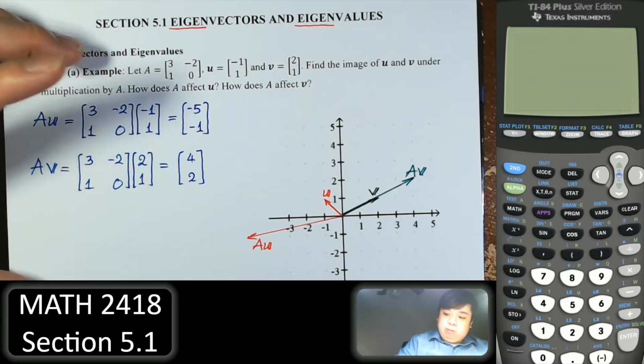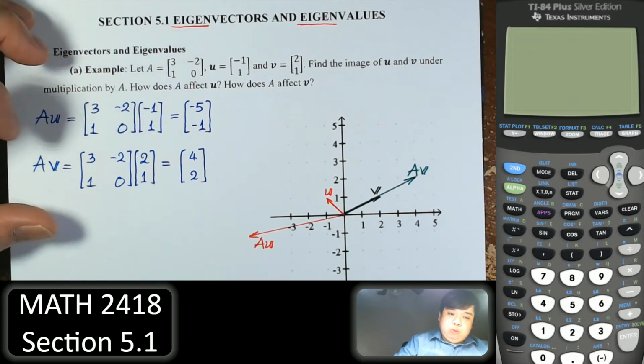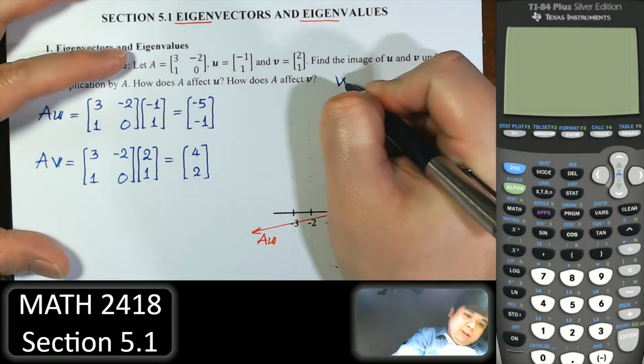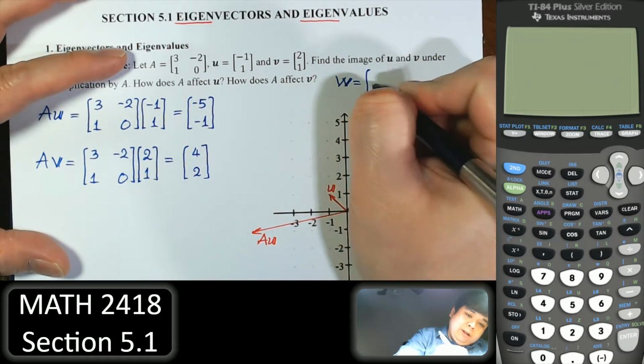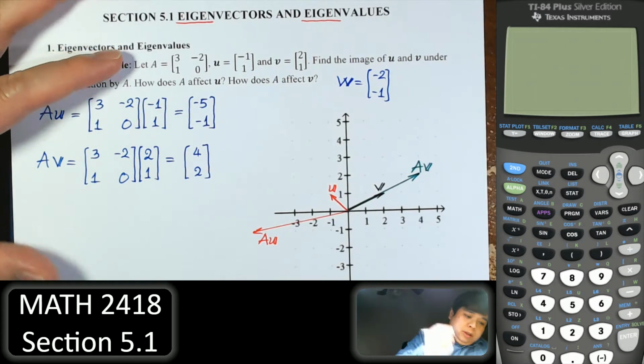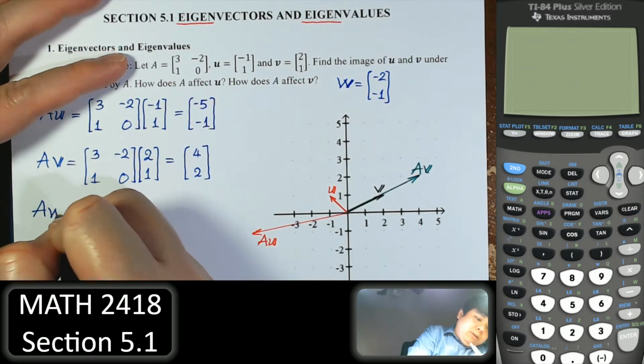Just make up one more. Let w be -2 and -1. So let's see Aw.